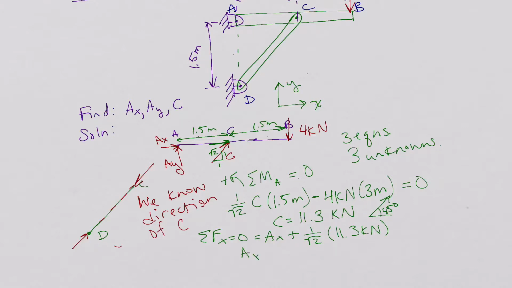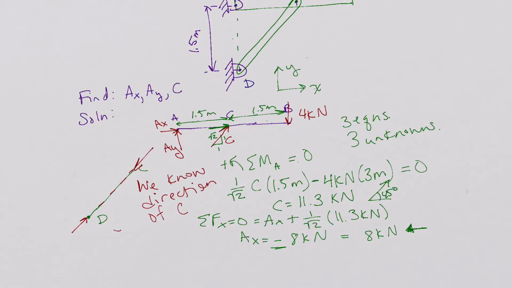So we get AX equals negative 11.3 divided by the square root of 2, negative 8 kilonewtons. So what does that negative tell us? Basically all that tells us is that we picked the wrong direction. So AX isn't going to the right, AX is actually to the left. So AX equals 8 kilonewtons to the left. We just picked the sign wrong when we were drawing our free body diagram.